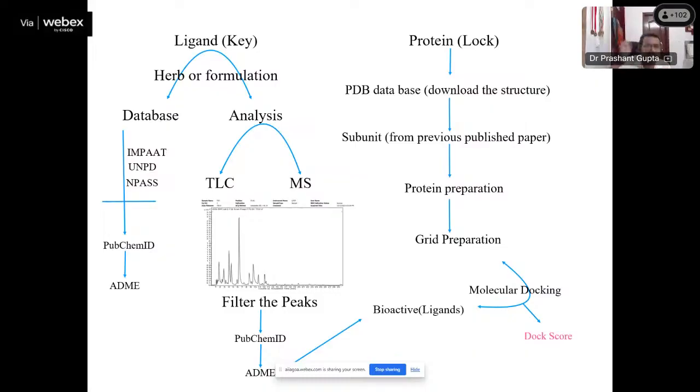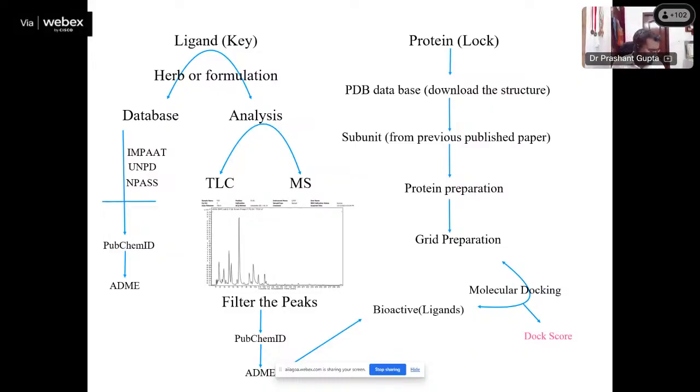You can catch them from there, compile all these phytoconstituents, and then do the ADME to see whether they can cross the GI or not. If you are giving Trifla orally and some phytoconstituents are not GI absorbable, then you can exclude them from further study. One approach is this, that you are taking the help of the databases.